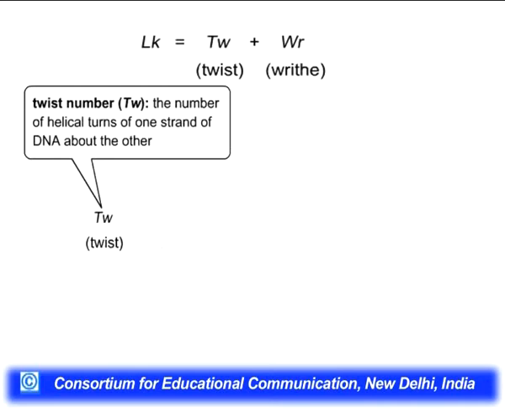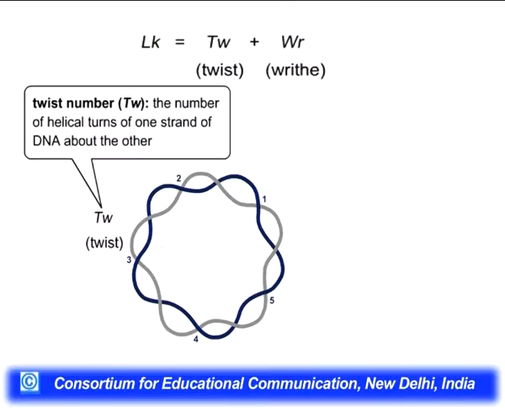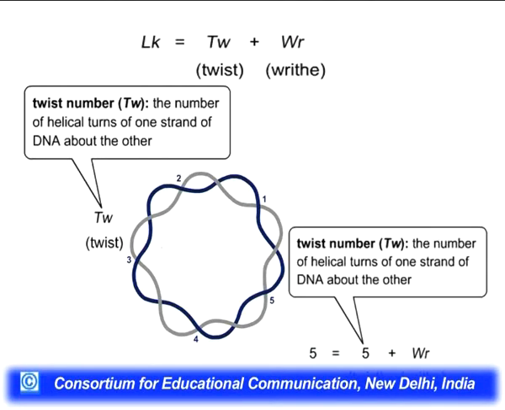The twist number is the number of helical turns of one strand of DNA about the other. Basically, the number of points at which one strand crosses the other strand is defined as the twist number. If you look at the figure, the numbers 1, 2, 3, 4, 5 are where the strands are passing over one another, and therefore that is the twist number.